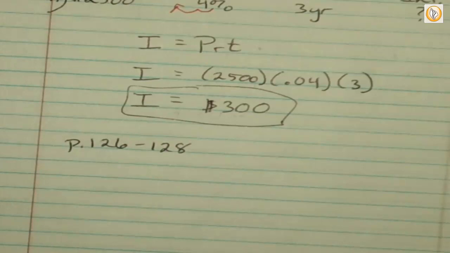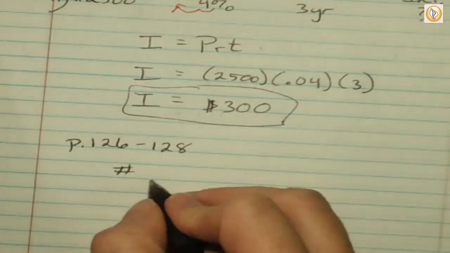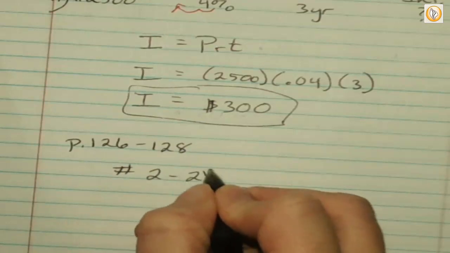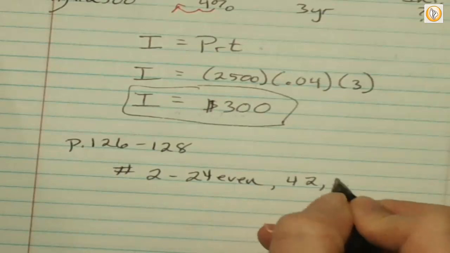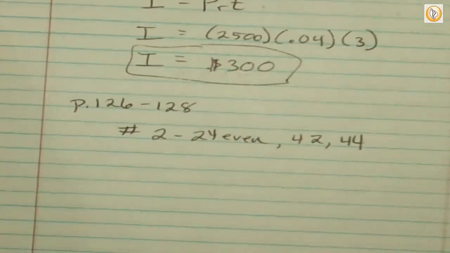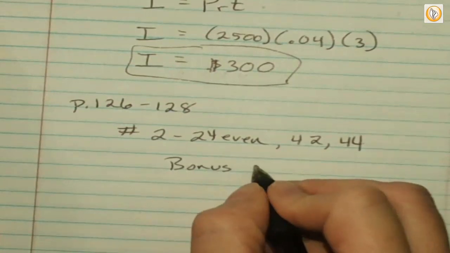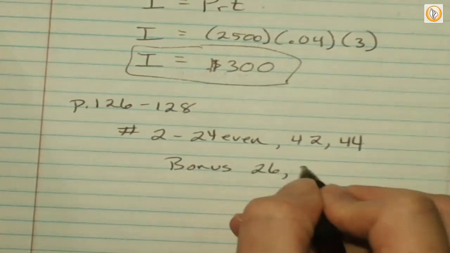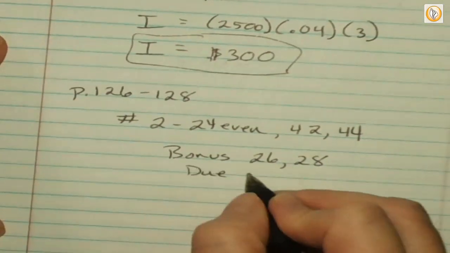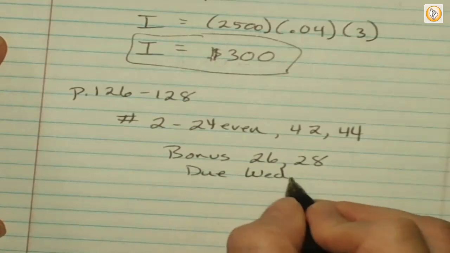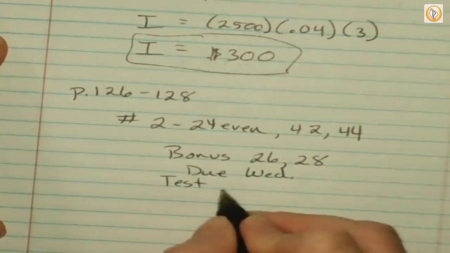I think I'm going to be nice. Everyone is doing 2 through 24 even. 42 and 44. Bonus, 26 and 28. This is due Wednesday. And your test is Friday.